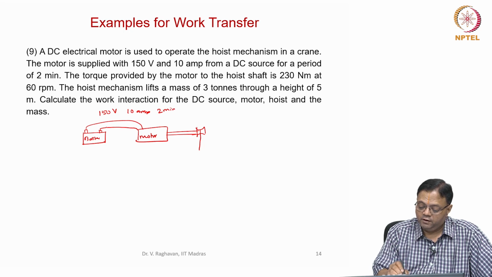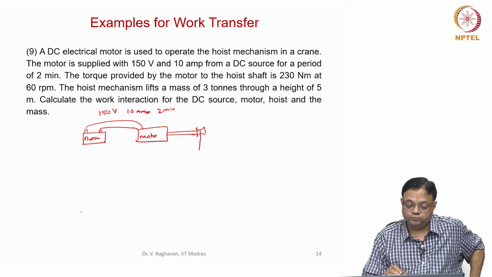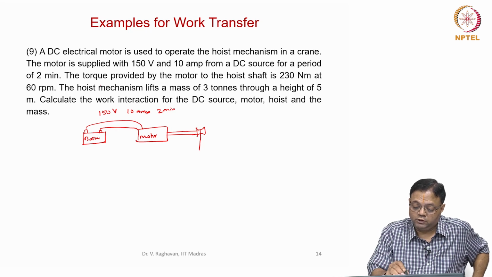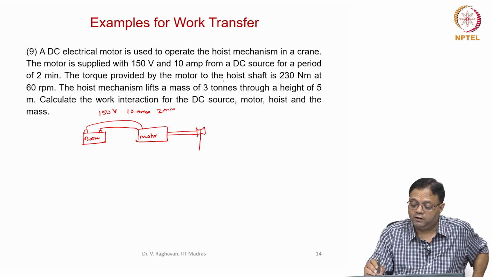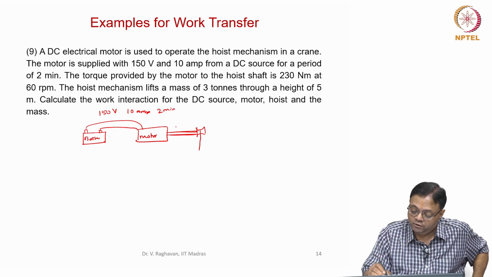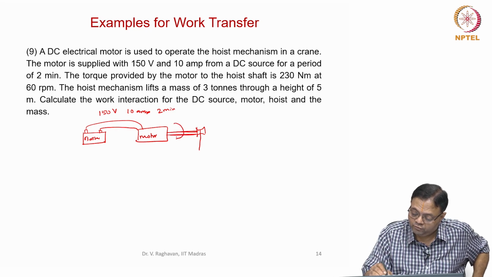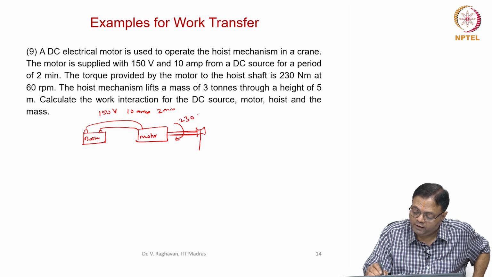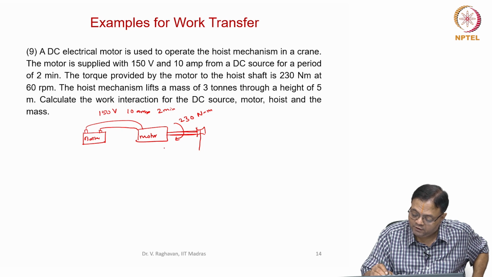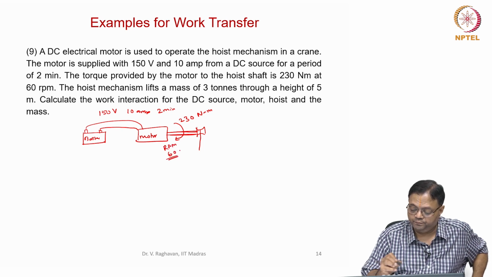So that is the energy supplied to the motor. So the motor rotates, and the torque provided by the motor to the hoist shaft is 230 Newton meter, and this rotates at an RPM of 60.